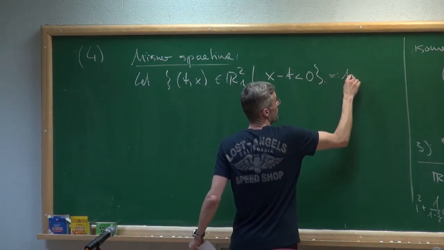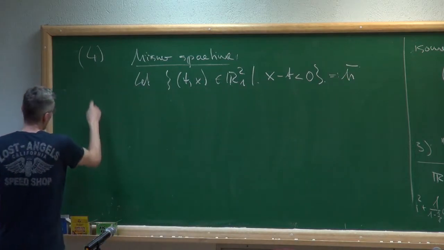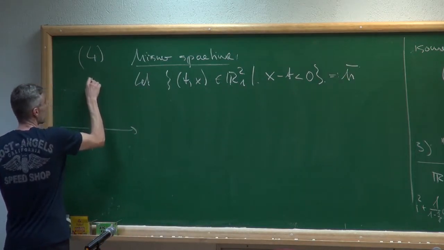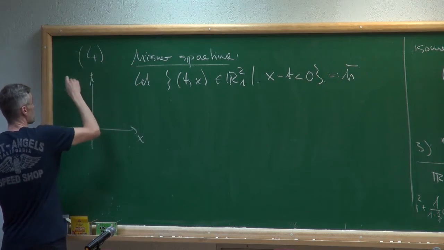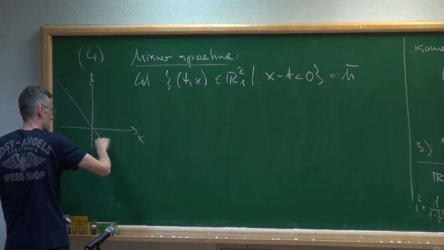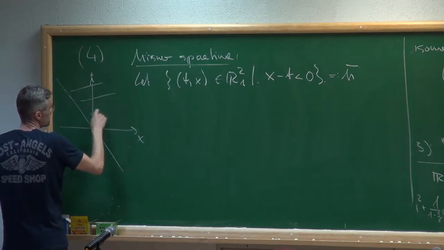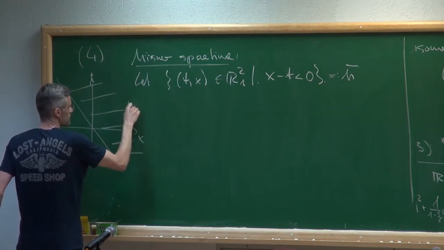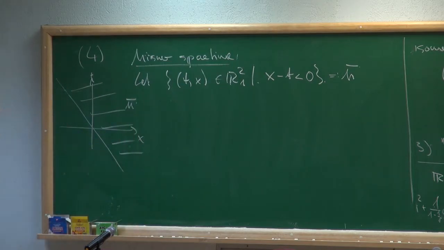I'll call this N bar. So if I make a drawing, if I'm not mistaken, I usually have problems, I look at this half space. This is N bar, in this two-dimensional Minkowski space.